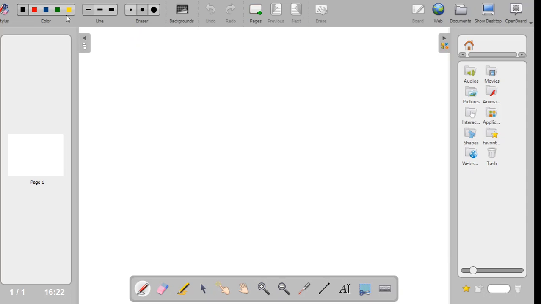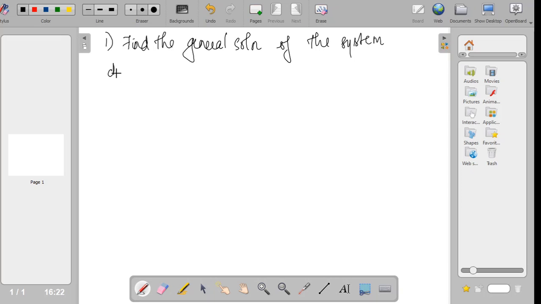So the first question is, find the general solution of the system dx/dt = 3x + 2y and dy/dt = -5x + y.